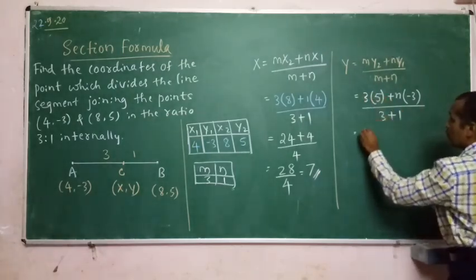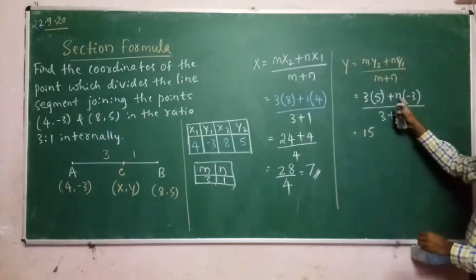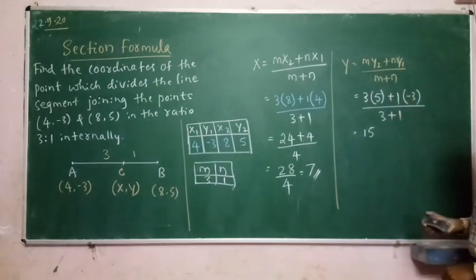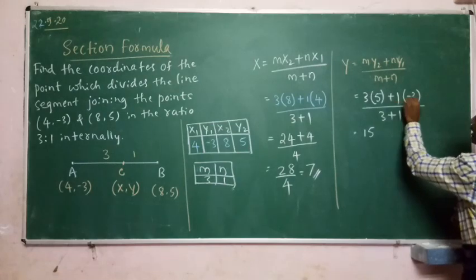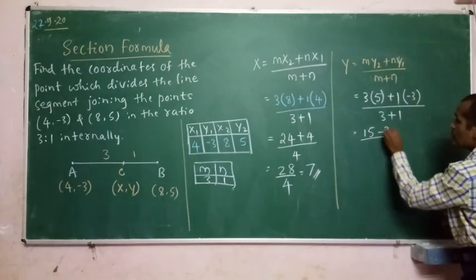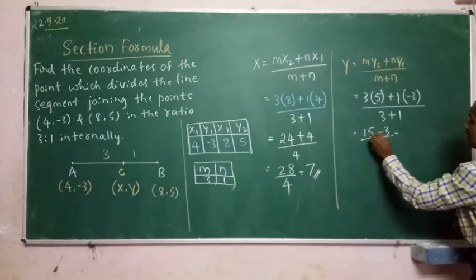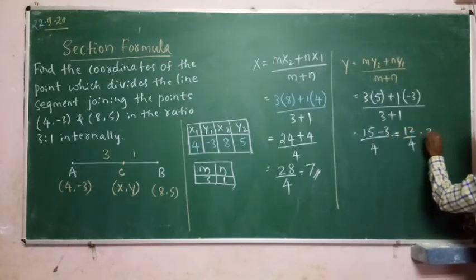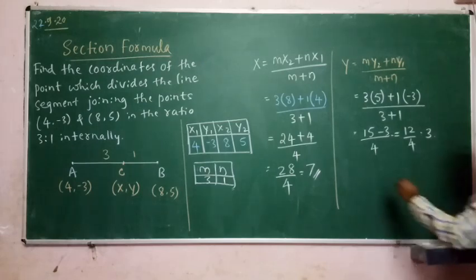That is 15, and n is 1, sorry, n is 1. So 15 minus 3 divided by 4 is 12 by 4. The answer is 3.